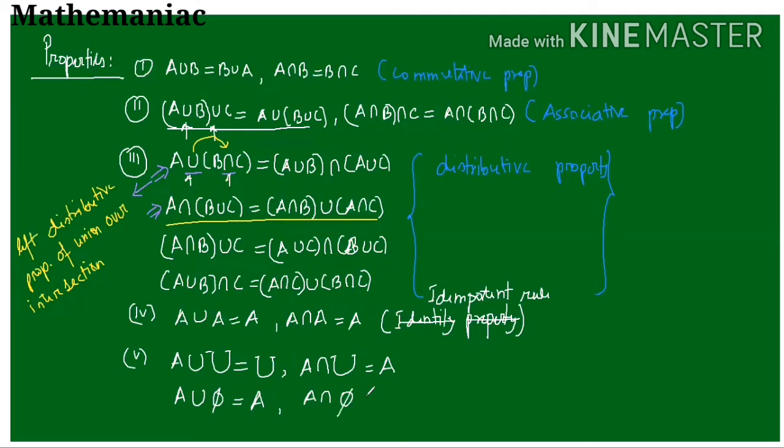Intersection with phi will always be phi. So these are identity properties. Right? So these are the cases.